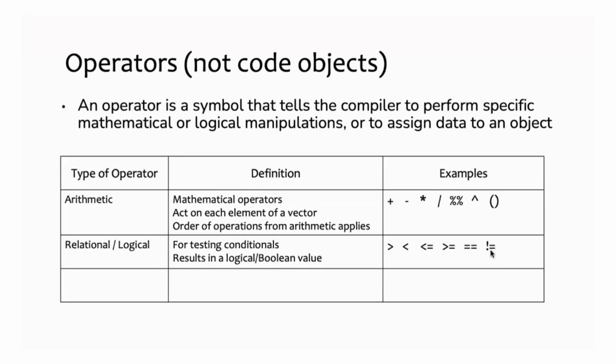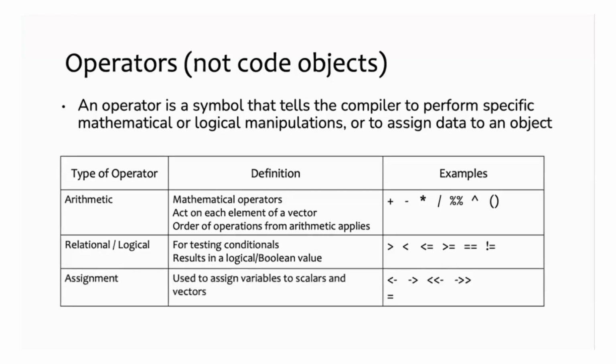So the exclamation point with the equal sign is not equals or does not equal. And so if you create a logical statement with one of these operators, the result will either be true or false. So that's the value that will be returned.